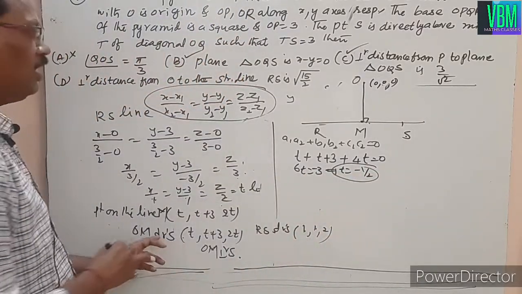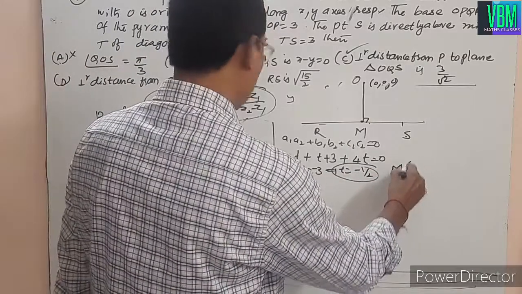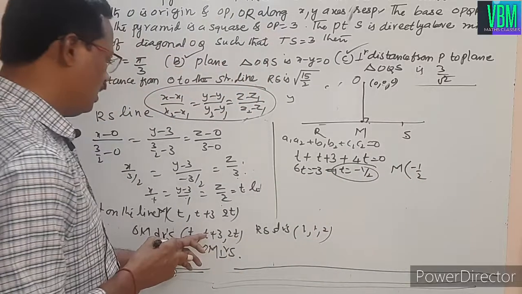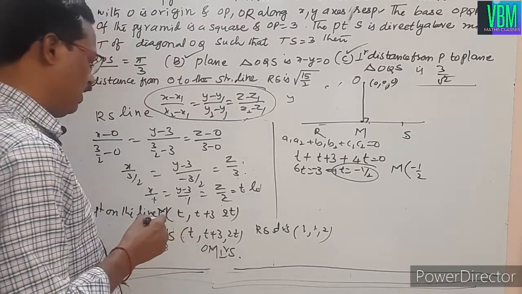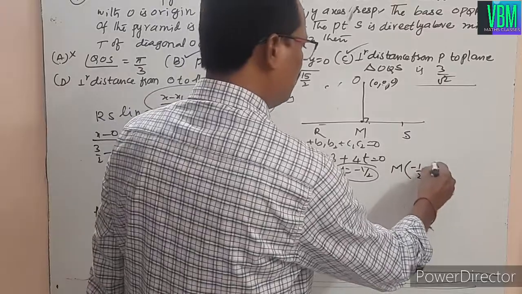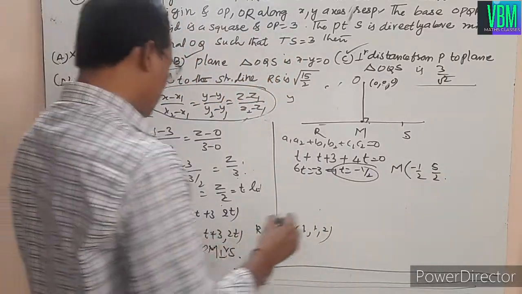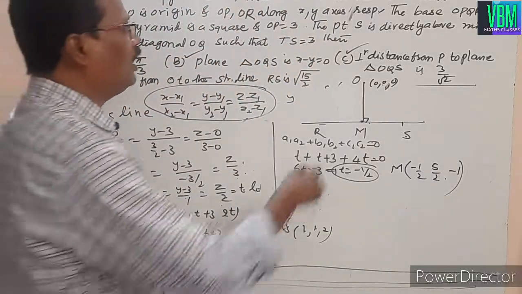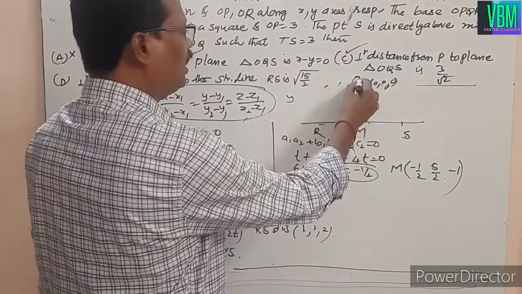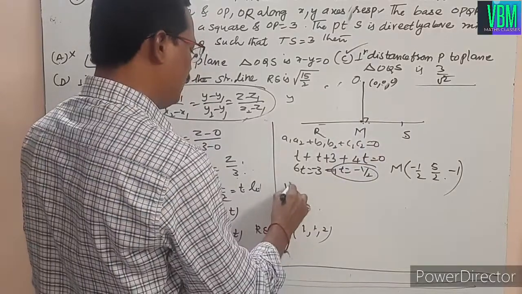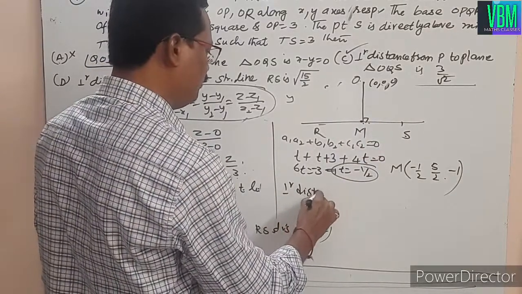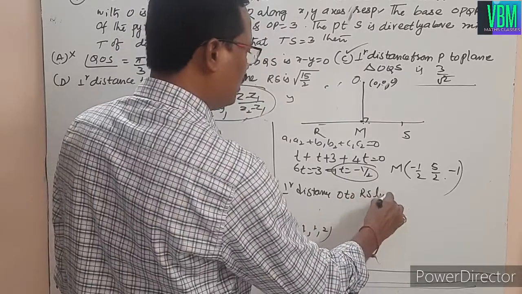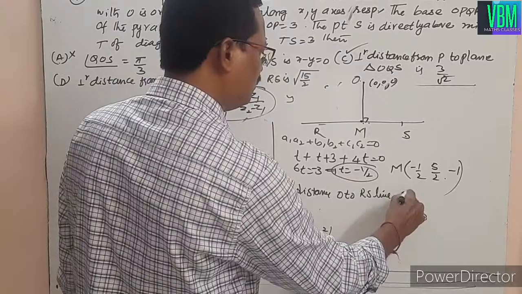Then what about the M point? The M coordinates: T is minus 1 by 2, and minus 1 by 2 plus 3 is 5 by 2, and minus 1 by 2 into 2 is minus 1. What distance are they asking? Perpendicular distance from origin to the RS line, nothing but OM.